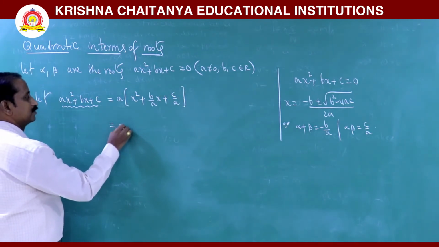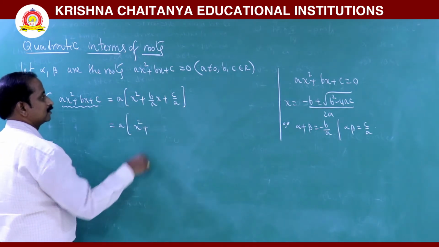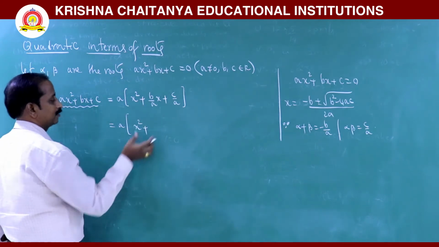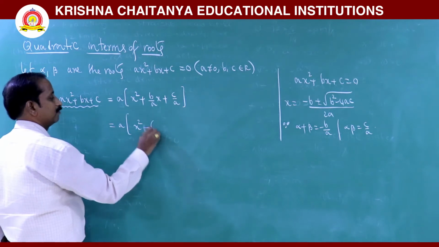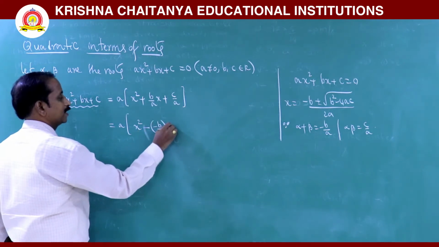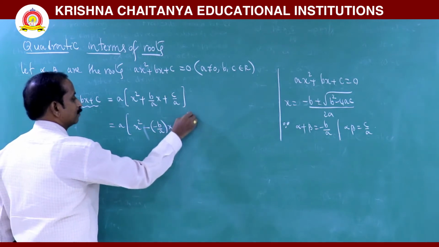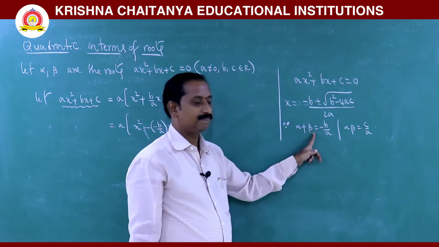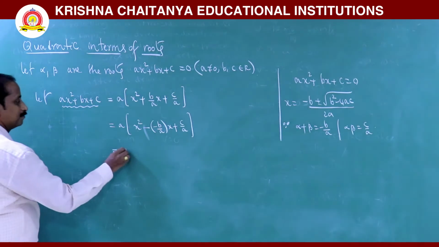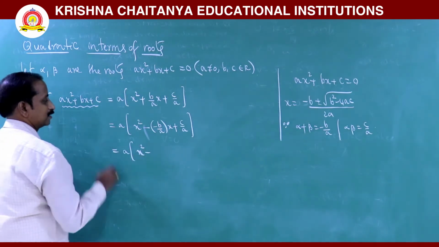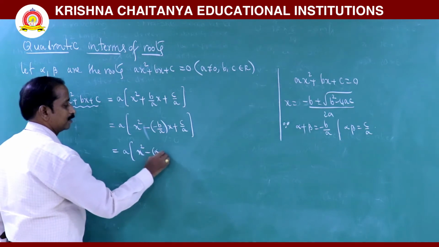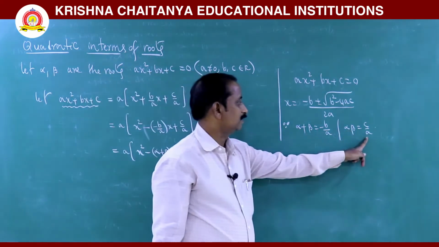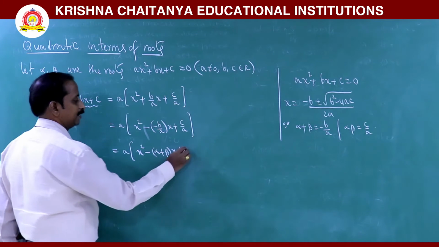Now a times of x square plus b by a x can be written as minus of minus b by a into x plus c by a. But we know that minus b by a value is nothing but alpha plus beta. So a times of x square minus alpha plus beta into x plus c by a, and c by a is nothing but product of the roots alpha into beta.